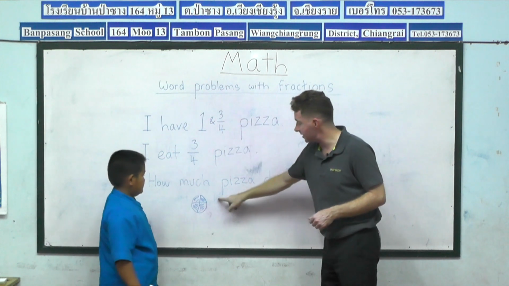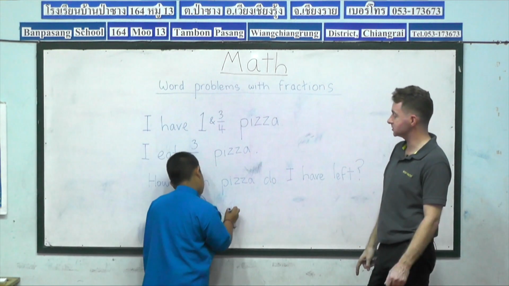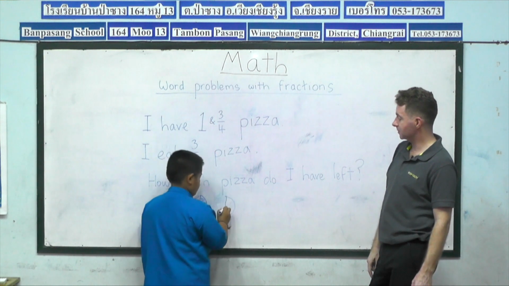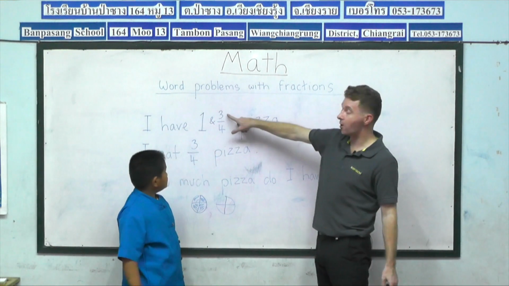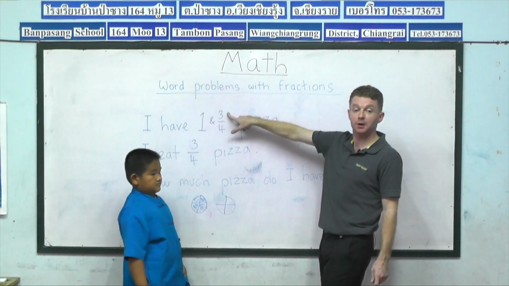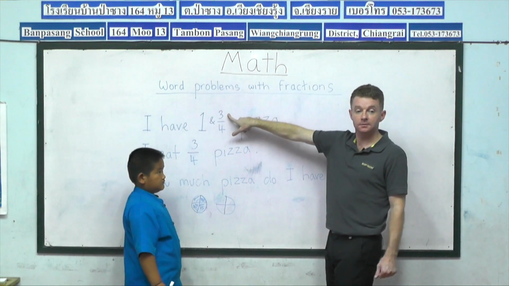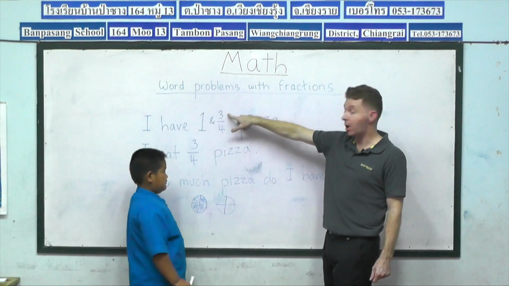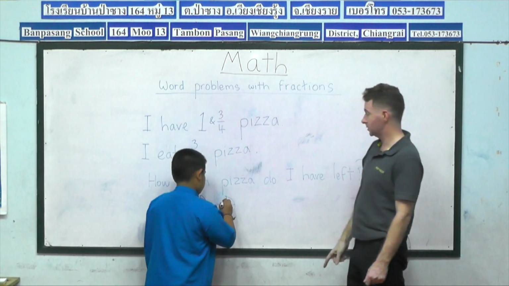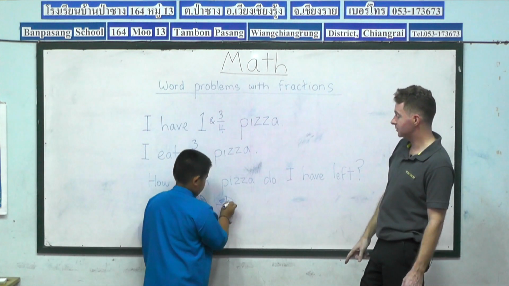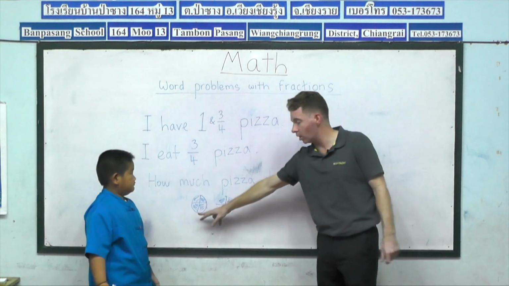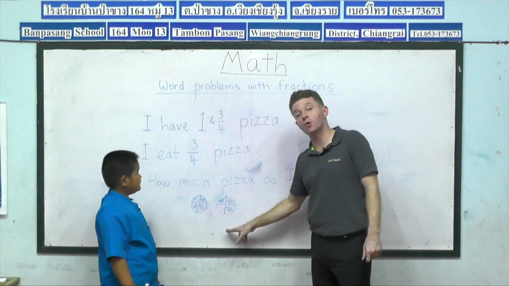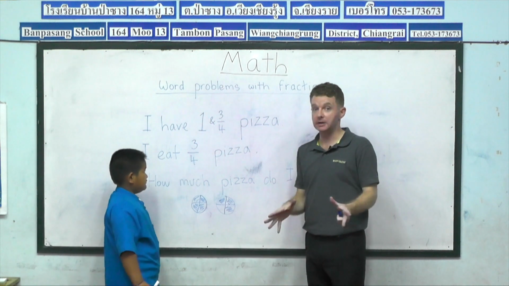So once again, a circle with 4 parts. But this time, guys, how many parts of our pizza have to be coloured in blue? 3 parts. 1, 2, 3. Excellent. So now we've got 1 and 3/4 of pizza.